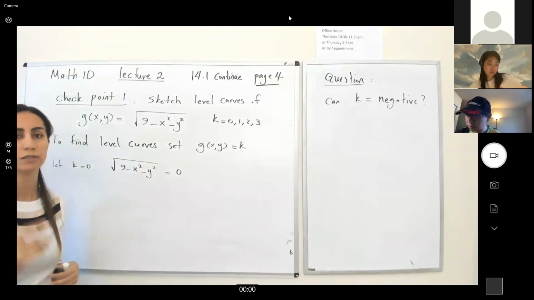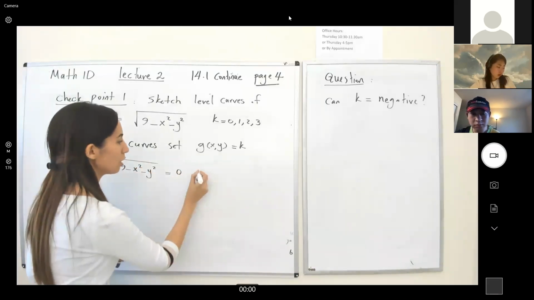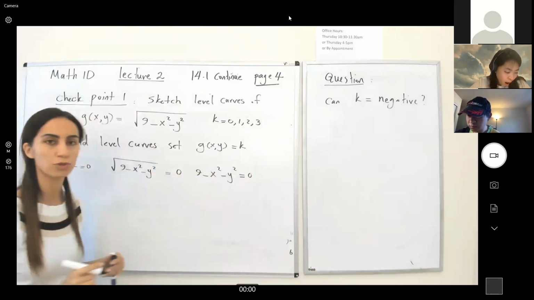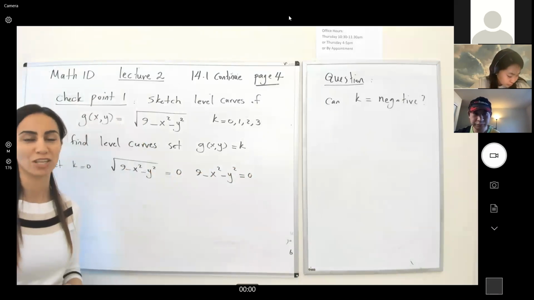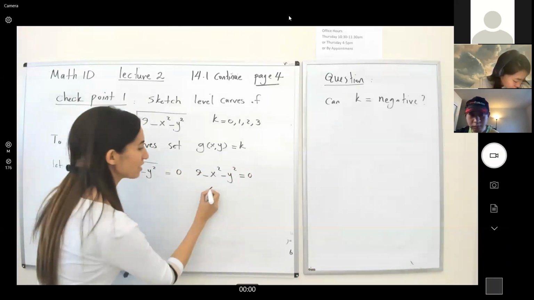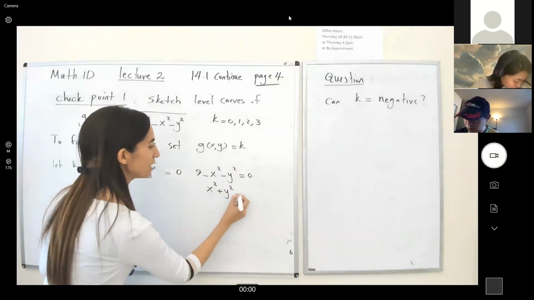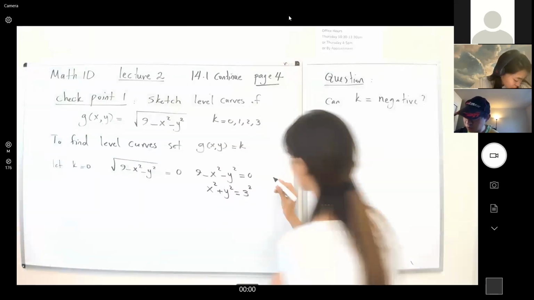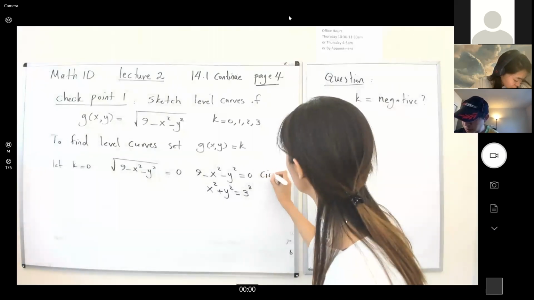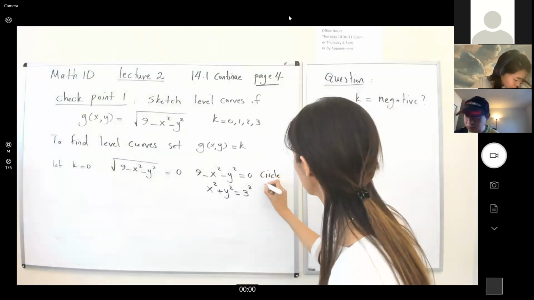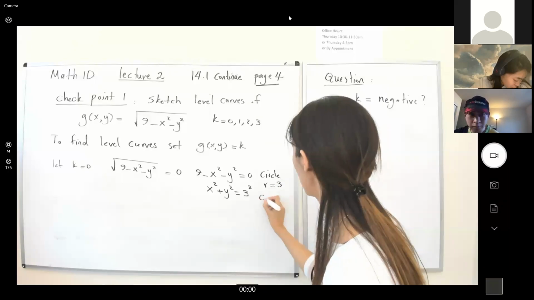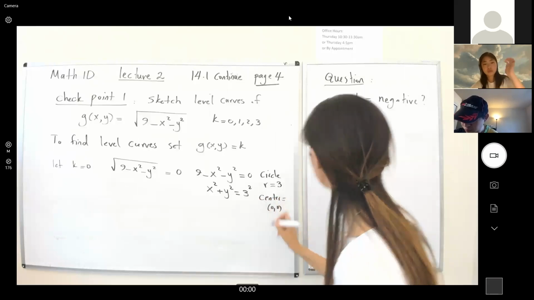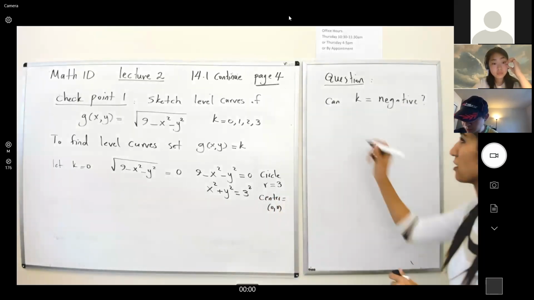Raise both sides to the second power. You get 9 minus x squared minus y squared equal to 0, which is the equation of a circle centered at the origin with radius 3. So here you have a circle with radius equal to 3, and the center is at the origin. Okay, let's graph this.